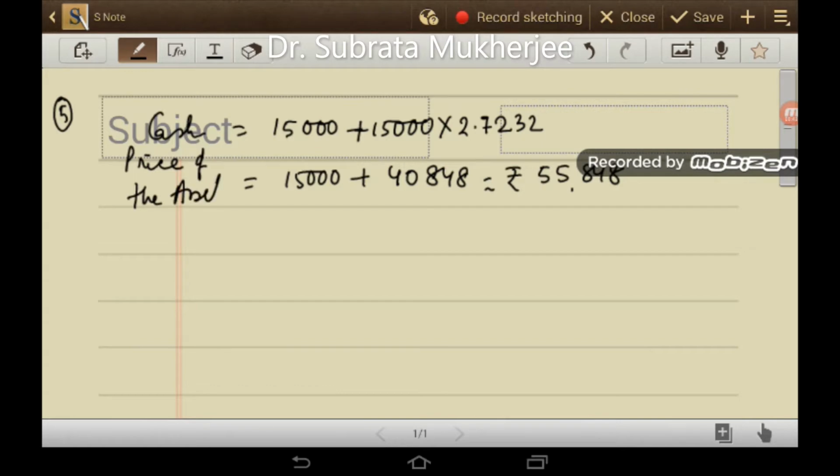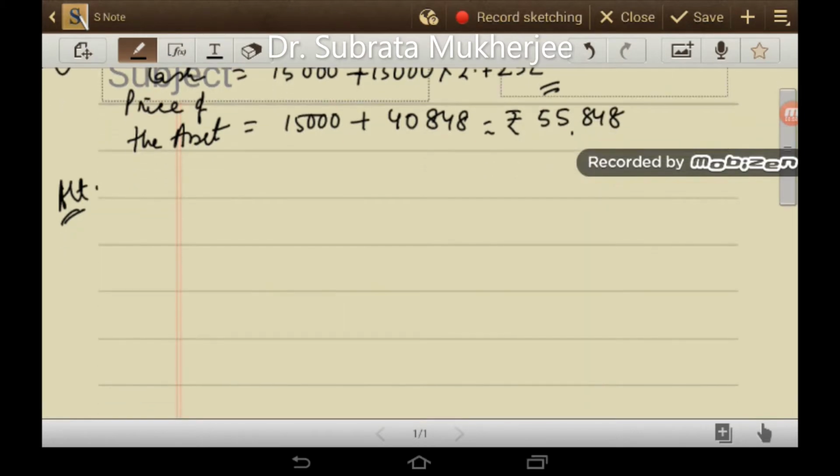Now, how has this 2.7232 been arrived at? I will explain in the following table, an alternative way to find the cash value or cash price of the asset. I will write the first column as the year. The first year is 0.